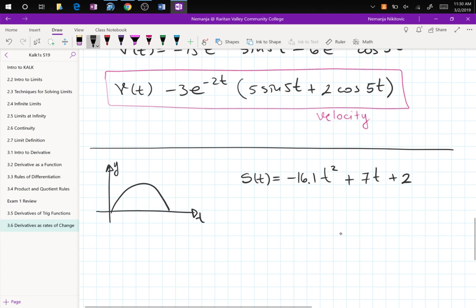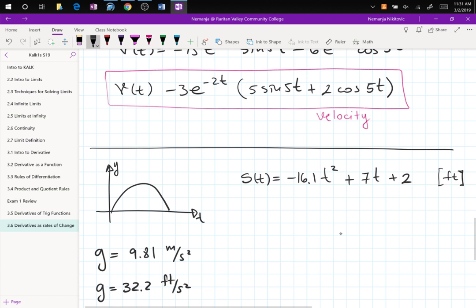So when you see 16.1, that means that this equation is in feet and seconds, because your gravity is either given as 9.81 meters per second squared, or is given as 32.2 feet per second squared.